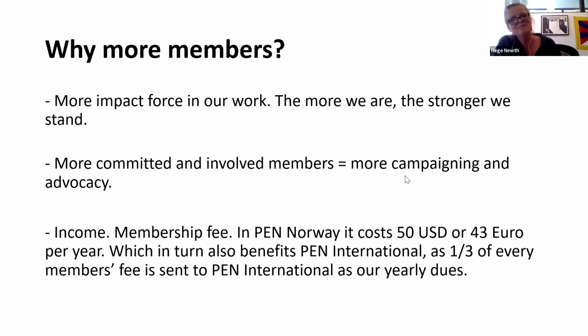And lastly, very important for us, as well as Pen International, and I suppose also for very many of your centres, is income. Membership fee. In Pen Norway, it costs $50 per year to be a member, which in turn also benefits Pen International, as 1/3 of that goes to Pen International as our due for each member.